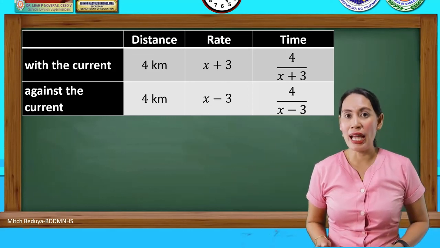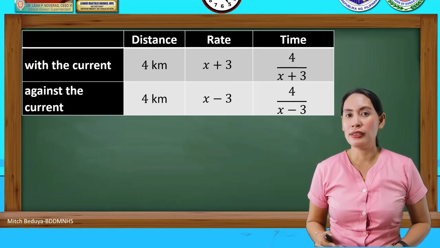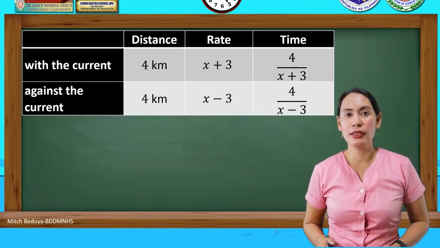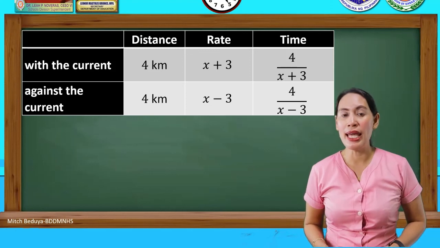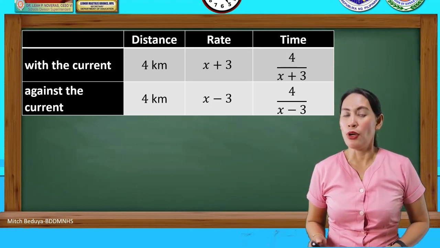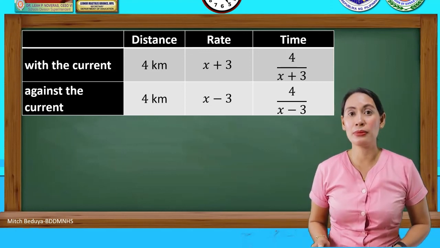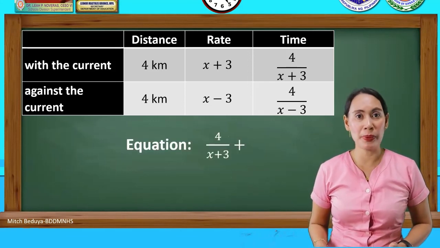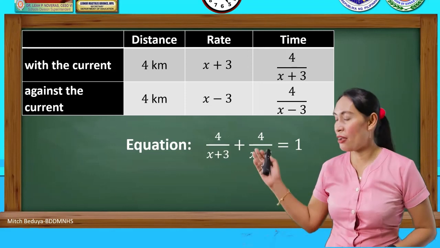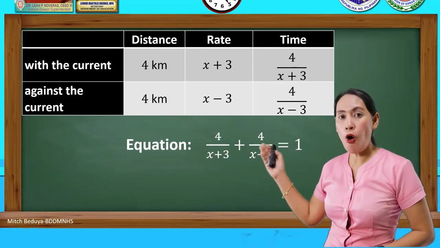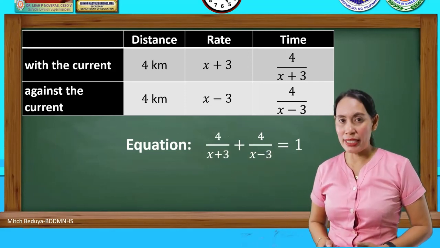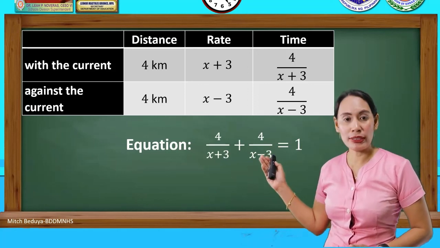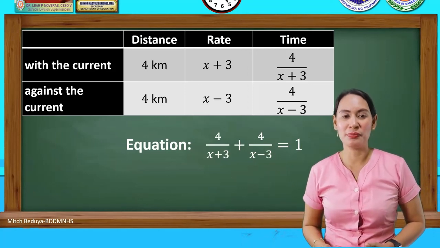When the boat goes against the current, the distance was 4 kilometers. The rate was x minus 3. And the time was 4 over x minus 3. So the equation to solve the problem is 4 over x plus 3 plus 4 over x minus 3 equals 1.